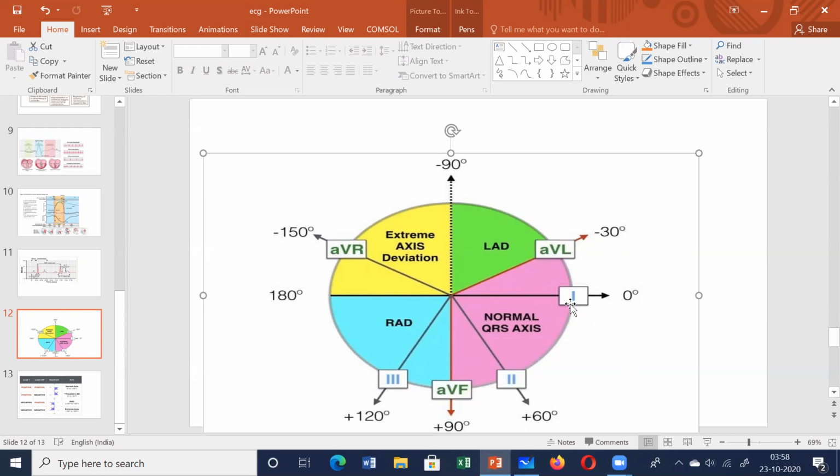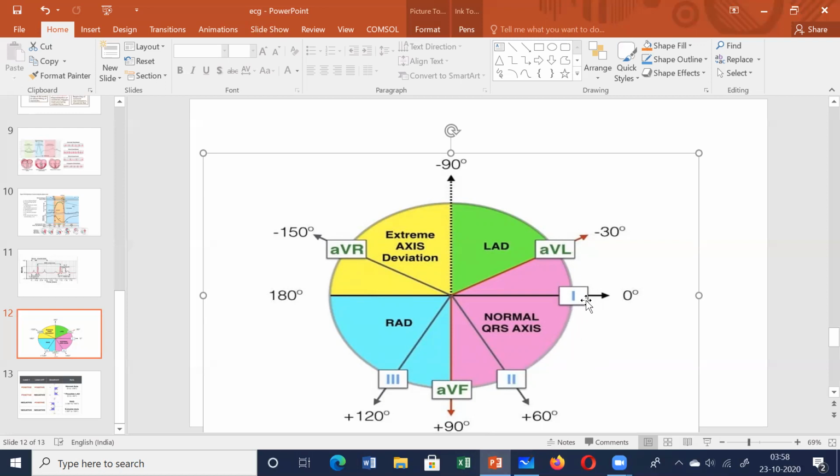There is one more approach, a little more accurate than the simple quadrant approach, in which you take into account three leads. Earlier we took only lead 1 and lead AVF. Now we take into account lead 1, lead 2 and lead AVF. This is called the three lead approach. First look at the net QRS deflection.